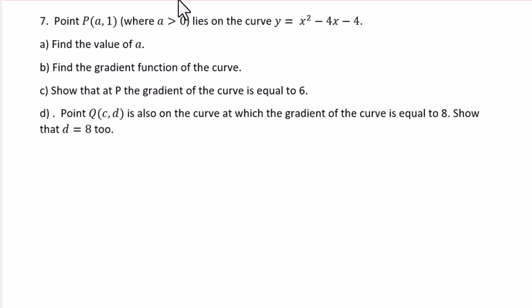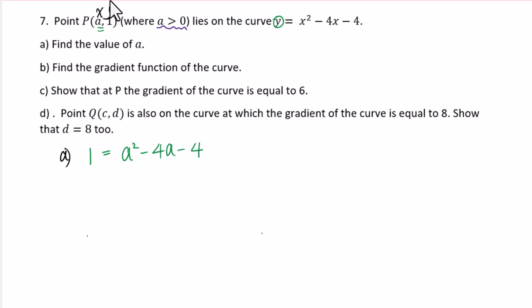Point P (a, 1), where a is positive, lies on the curve y equals x squared minus 4x minus 4. Find the value of a. Remember, this is x, this is y. Let's do the substitution. Change y into 1 and change every single x into a. 1 equals a squared minus 4a minus 4.